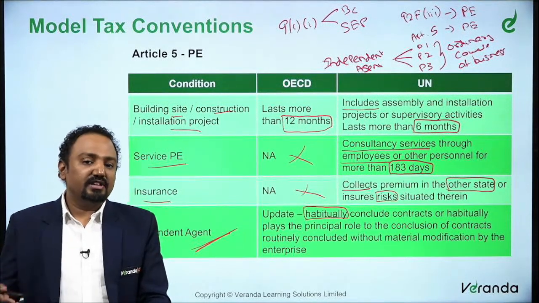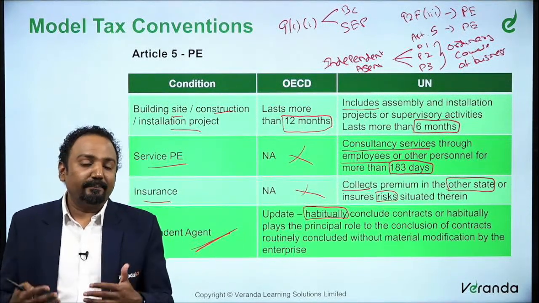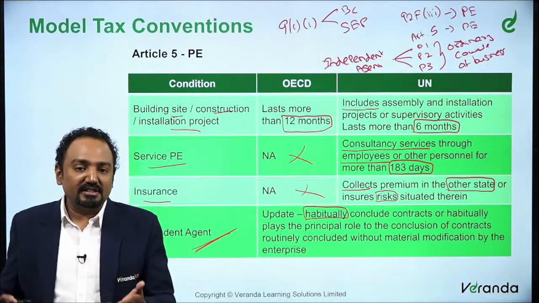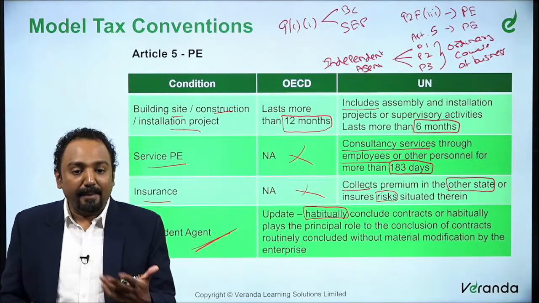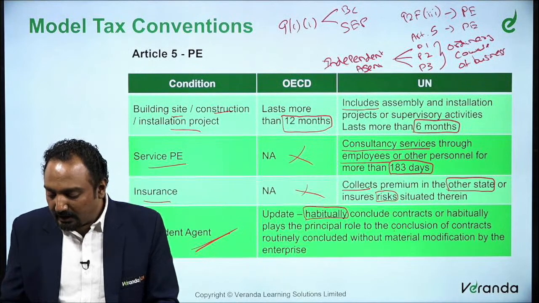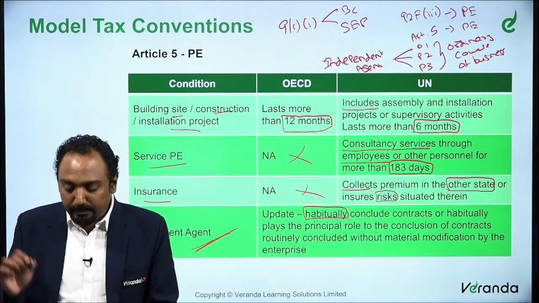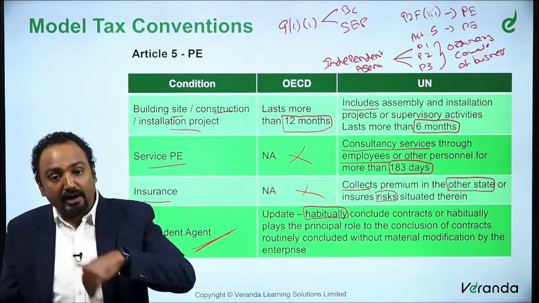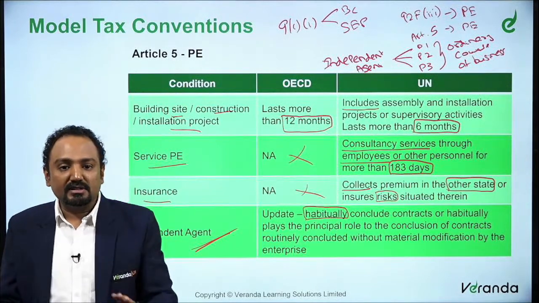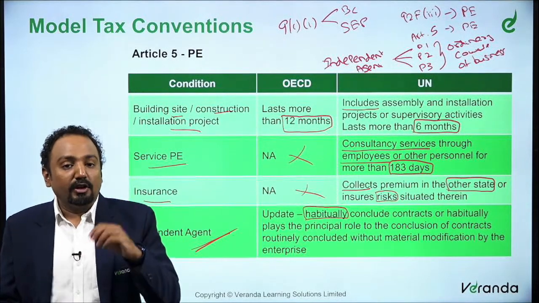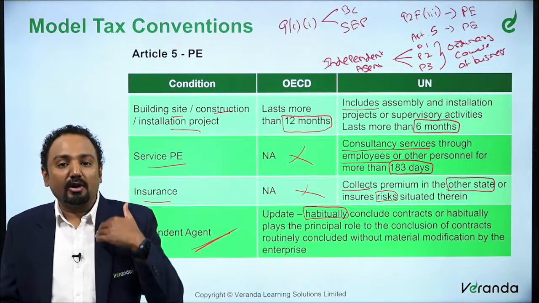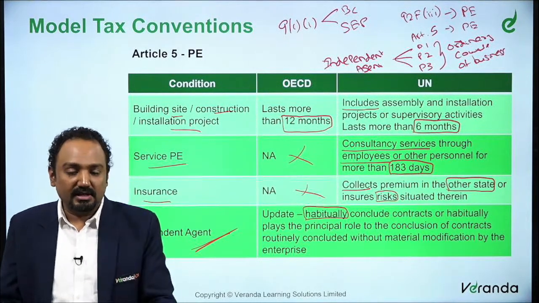Generally, usually, these are words that can be replaced with habitually. So when they usually conclude contracts or usually play the principal role to conclude contracts, if you remember business connection, we said if on behalf of the principal you are allowed to conclude contracts, there is a business connection.